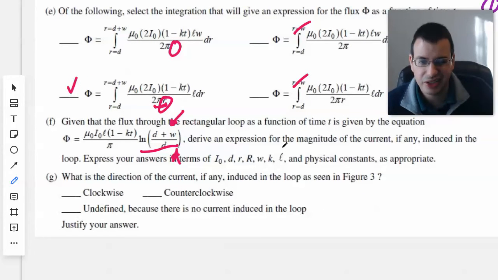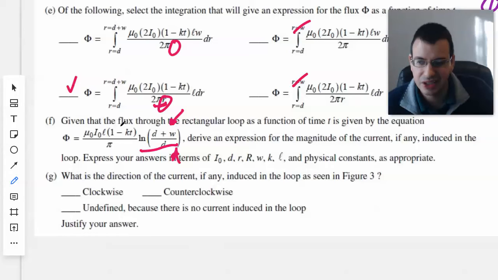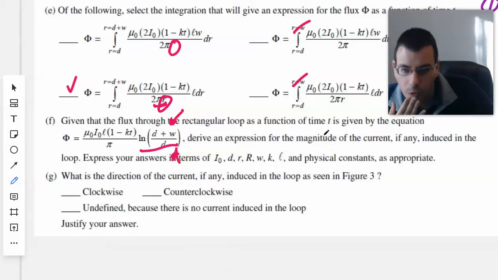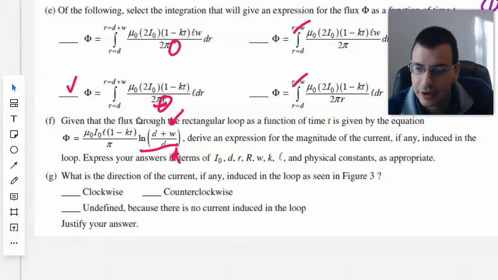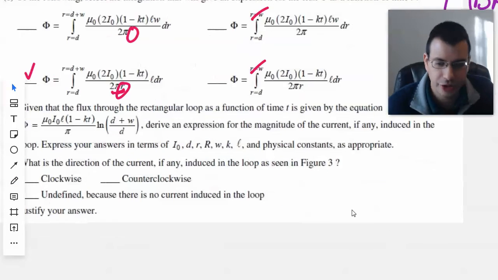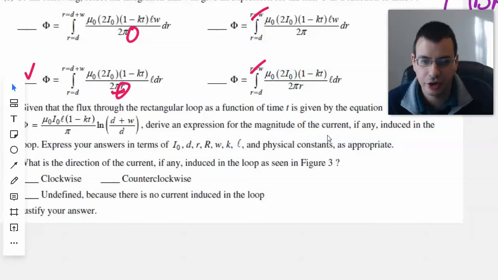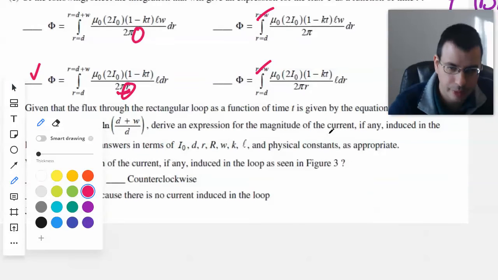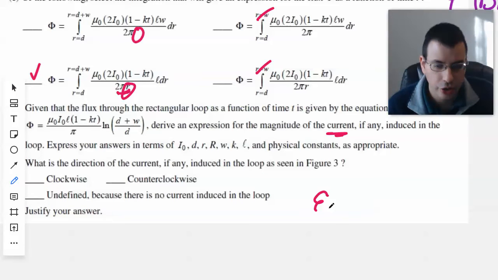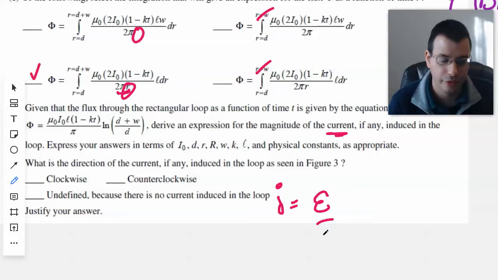Given that the flux through... Okay. So what they're saying is current. Current equals V over R, or voltage over resistance.